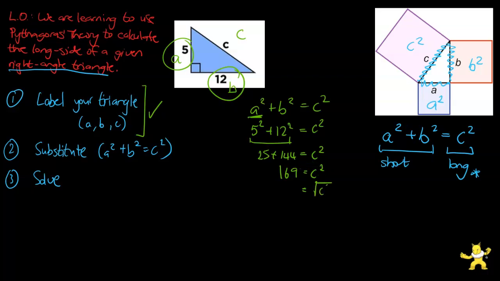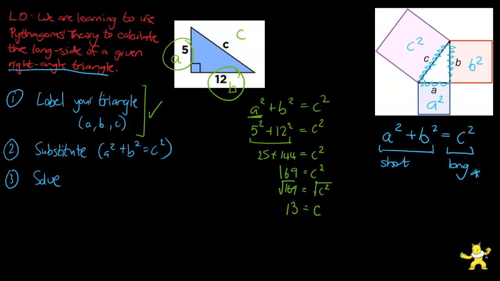So the square root of C squared is equal to the square root of 169. The square root of 169 is 13, and the square root of C squared is C. So what that means is C is 13 units long, whatever that might be. It might be meters, centimeters, millimeters, kilometers, who knows. But there we go, there's our answer. So that's our first question.